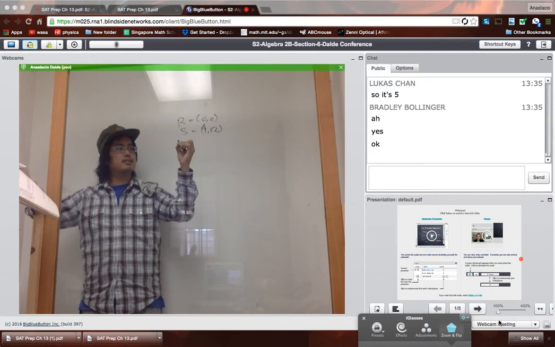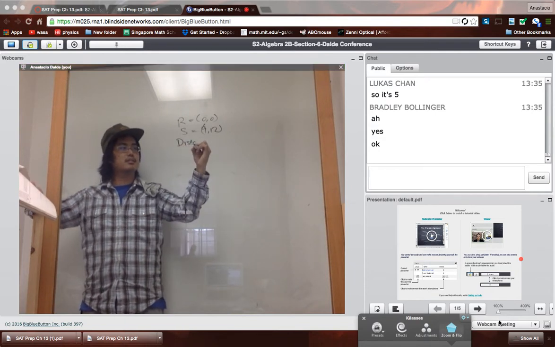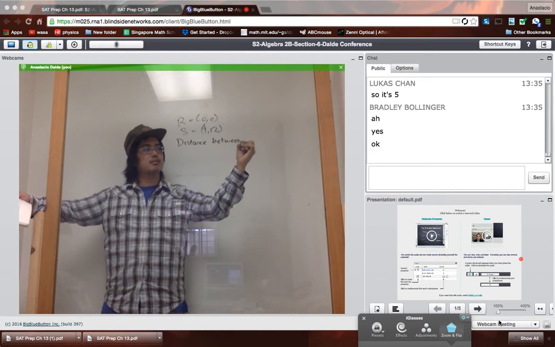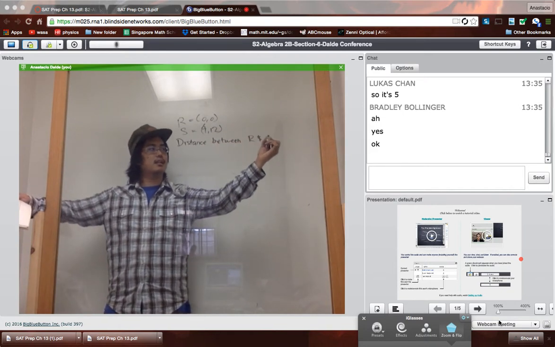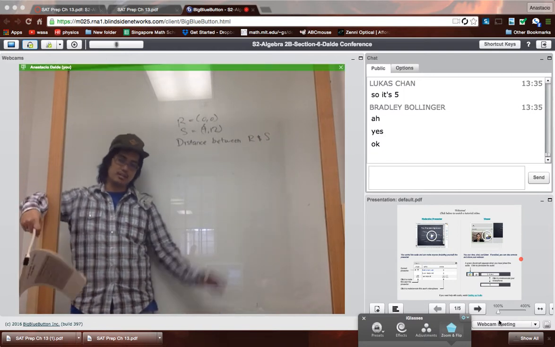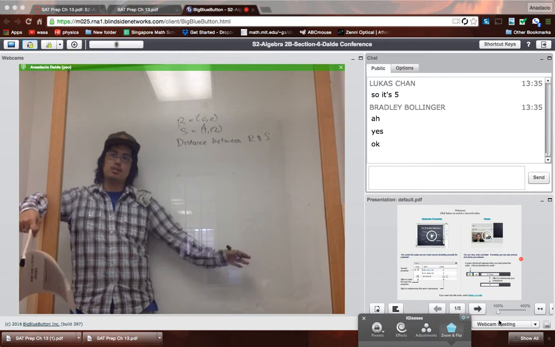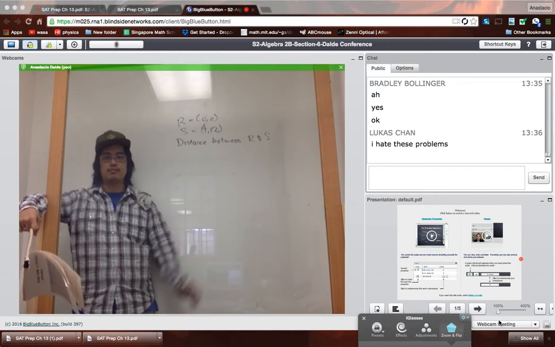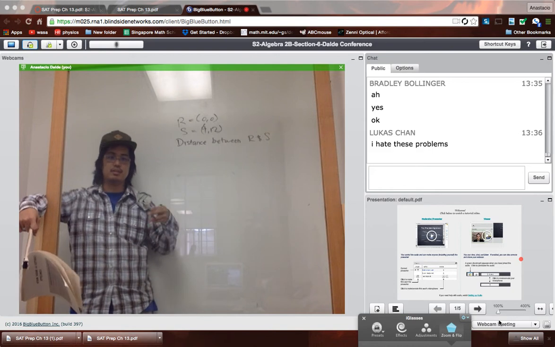What is the distance between R and S? So I didn't tell you a triangle, actually. I take that back. This is just a coordinate problem. R is at 0, 0. S is at 9, 12. What's the distance between R and S?